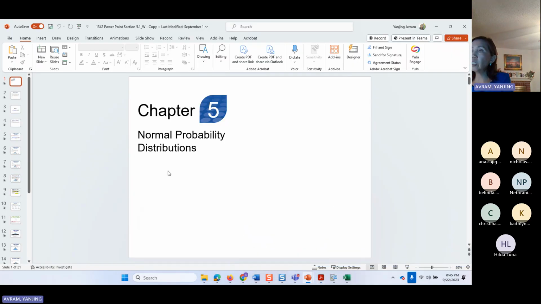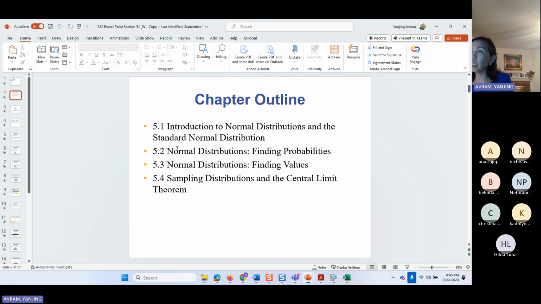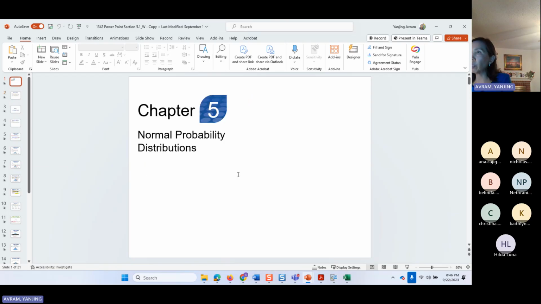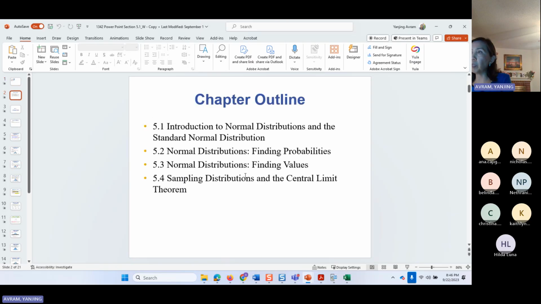Okay, 5.1 is the normal probability distribution, and this one will introduce the continuous variable. 4.1 was the discrete variable, and 5.1 is the continuous variable. Okay, normal probability distribution, and this one is our major chapter for unit 3.